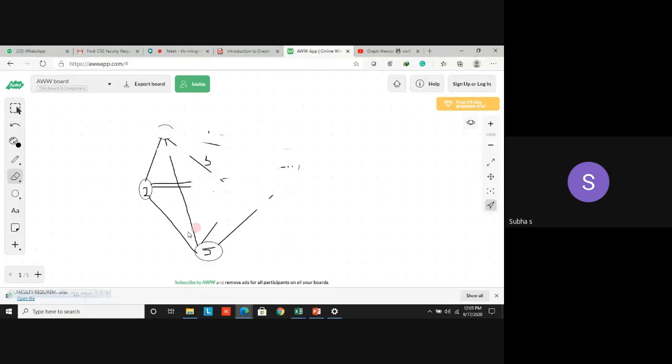You can draw it in your notes also. Just draw three or four vertices.